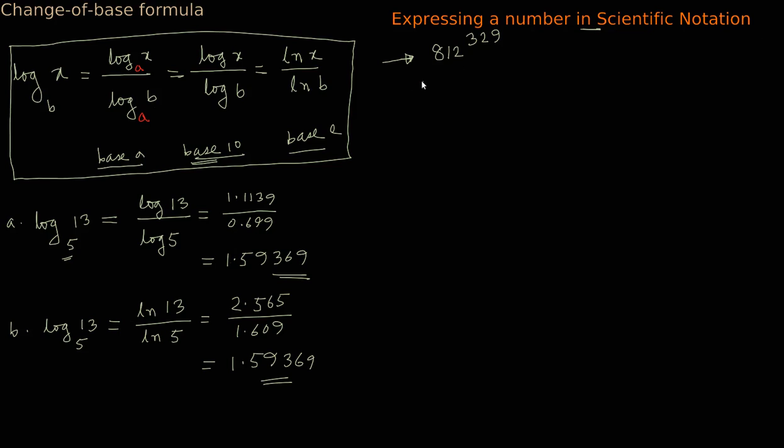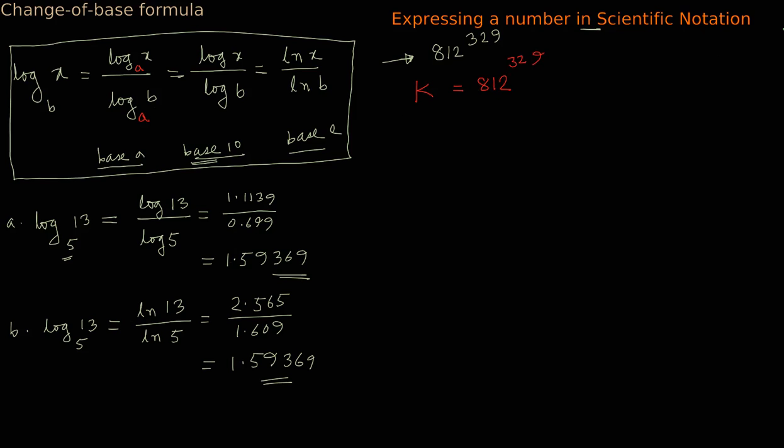So what I'm going to do is assume that my scientific notation is my k. So let's say my number k is equal to 812 power 329.